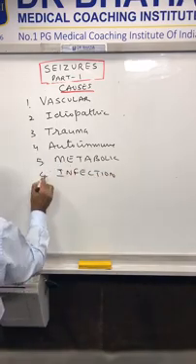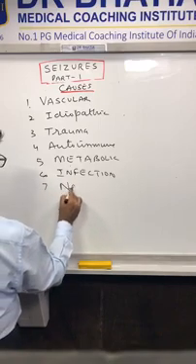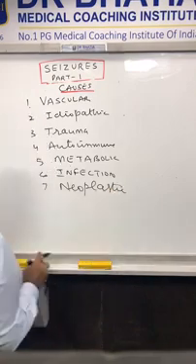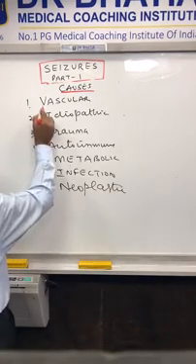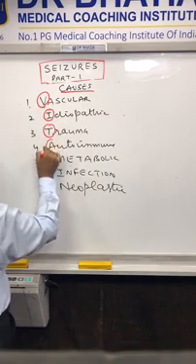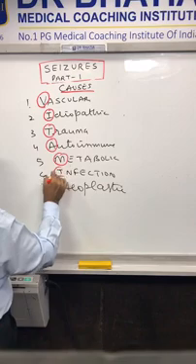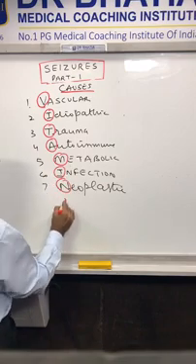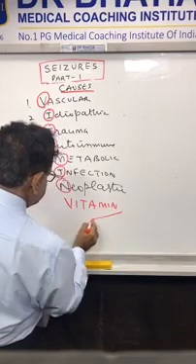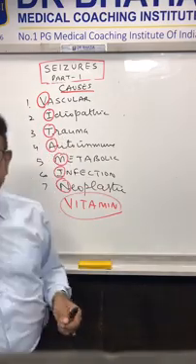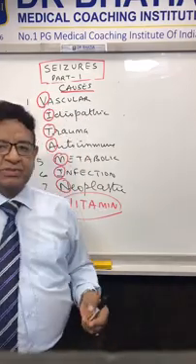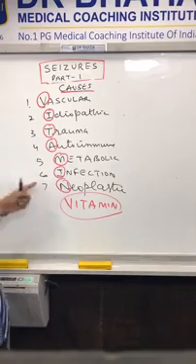This is six, and seven is neoplastic. The mnemonic is VITAMIN: V-I-T-A-M-I-N. The entire list of causes is squeezed into only one word, vitamin. The causes of seizure disorder: vitamin.